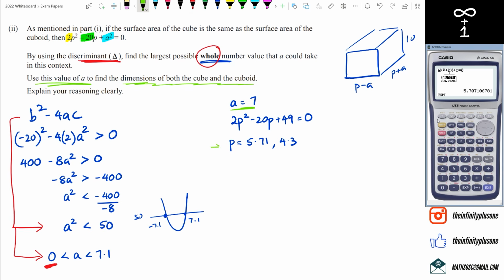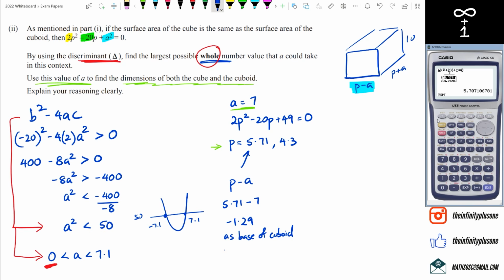So we figured out what p is, but now we need to see whether the cuboid's going to work out or not. And the reason I drew this is because, check this out. We've got p minus a here as one of the sides. Now our value of p here, which is 5.71, if we go p minus a, we've got 5.71, take away a, which happens to be 7, we're actually getting negative 1.29 as a side of the cuboid.